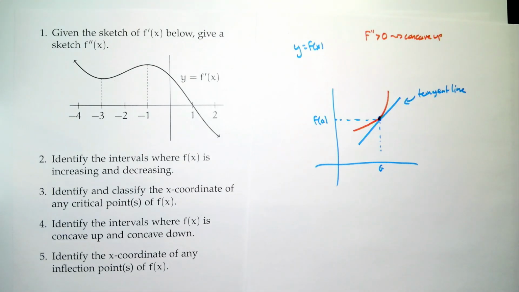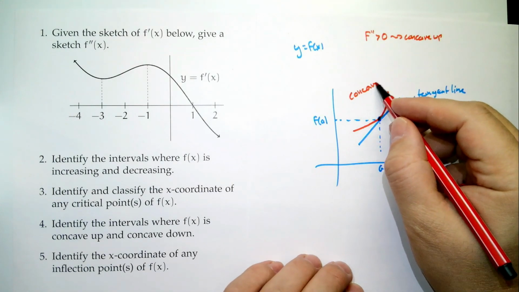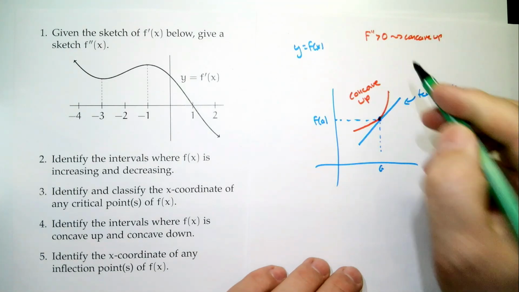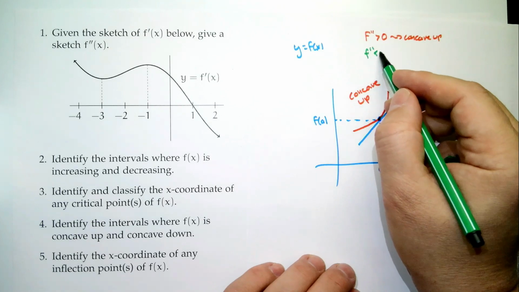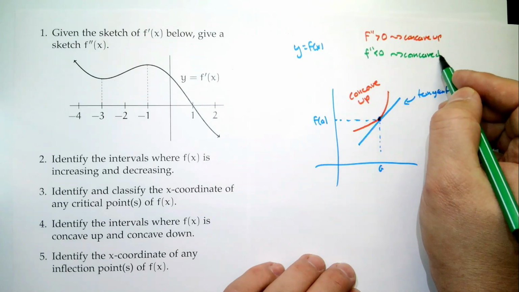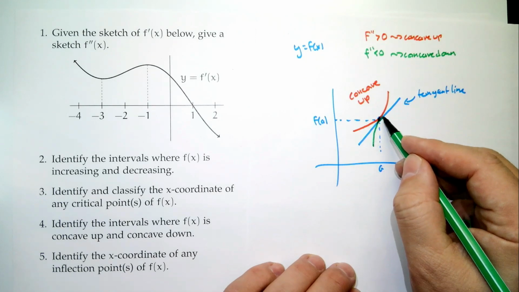So concave up, the function is coming up off the tangent line, on the up side. On the other hand, if f double prime is negative, we call that concave down. And what that means is that the function is coming down off the tangent line.